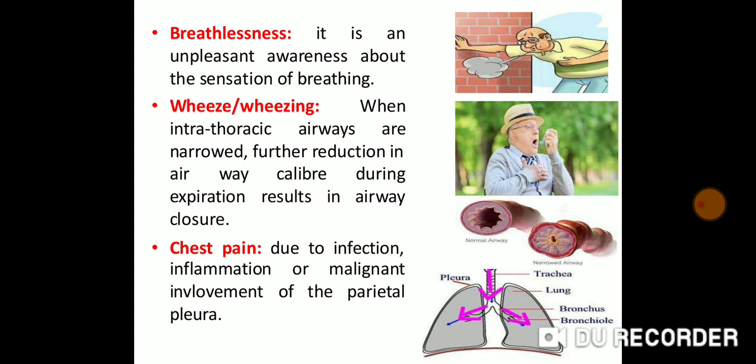So, normal airway and narrowed airway are both shown in the diagram. Chest pain due to infection or inflammation or malignant involvement of the parietal pleura is responsible for chest pain.